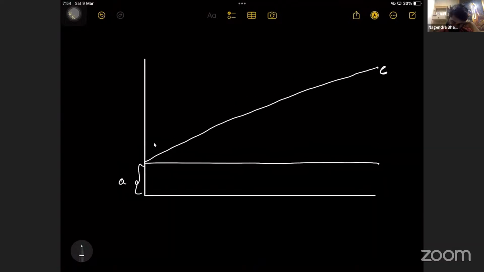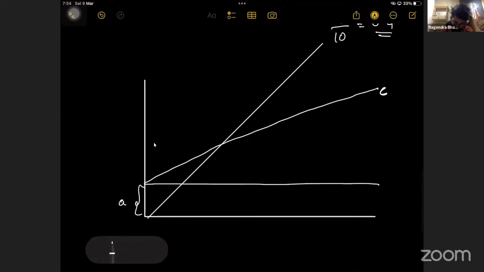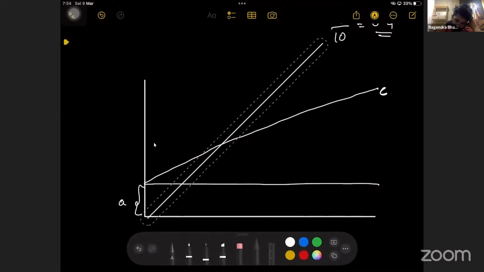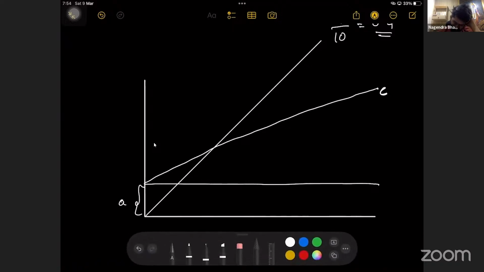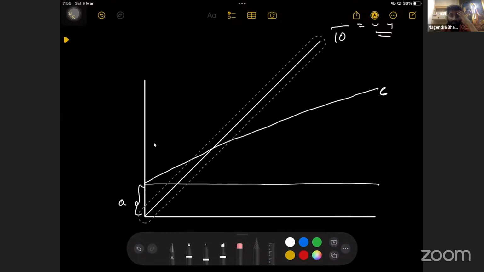And if your income is zero, this is your income line. It is always 45 degrees. This income line is always 45 degrees. Why is it 45 degrees, sir?